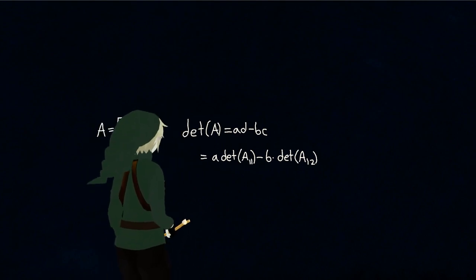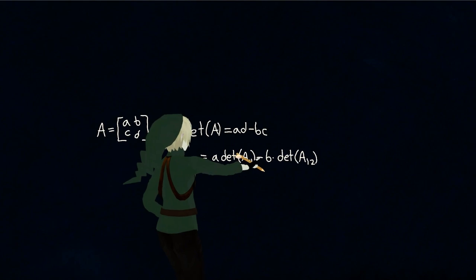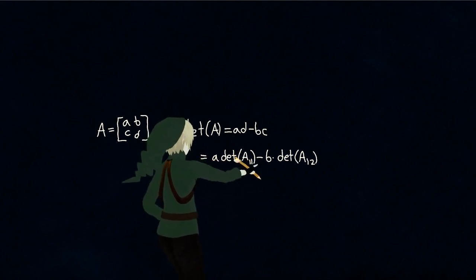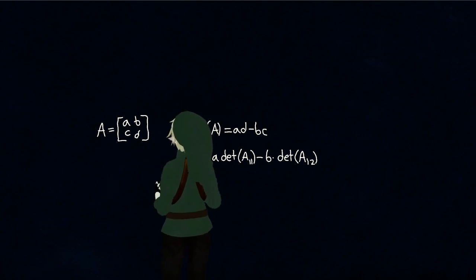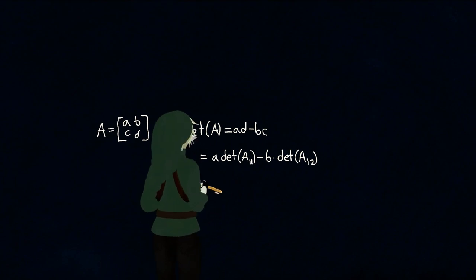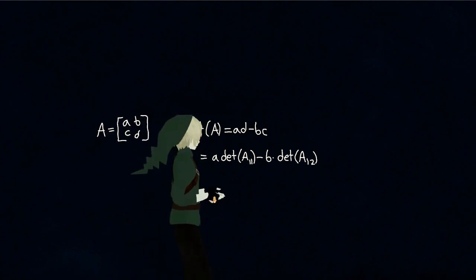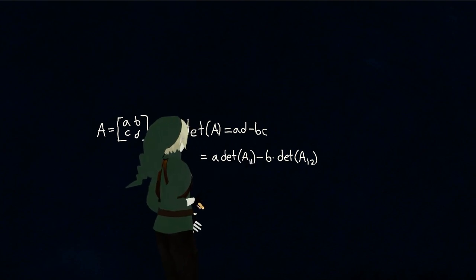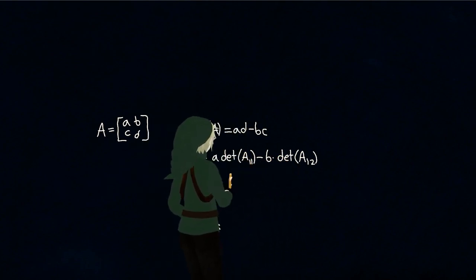So the truth is, this is where the determinant formula came from. It's because of submatrices. To compute the determinant, we used submatrices. In this case, we have A11, and then we have A12, and there's a minus here.